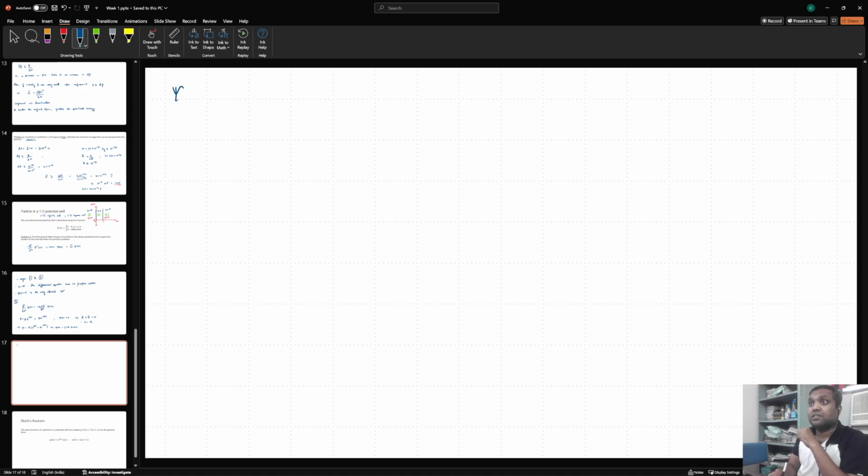Second condition is psi of a should also be 0, which implies 2i a sine ka is equal to 0. From this, I can say k times a should be equal to n times pi, where n is equal to 1, 2, 3, and so on and so forth.